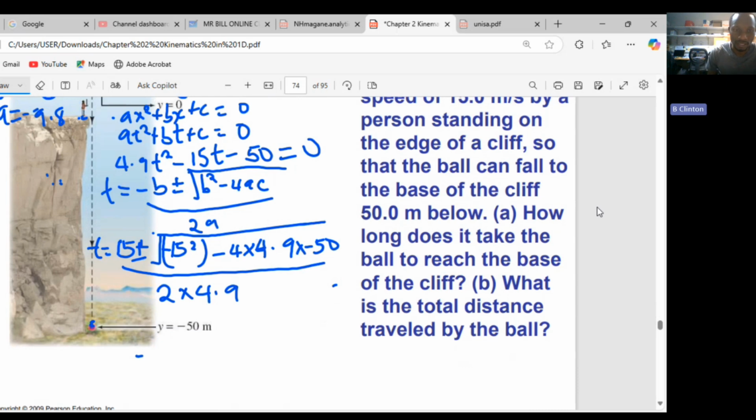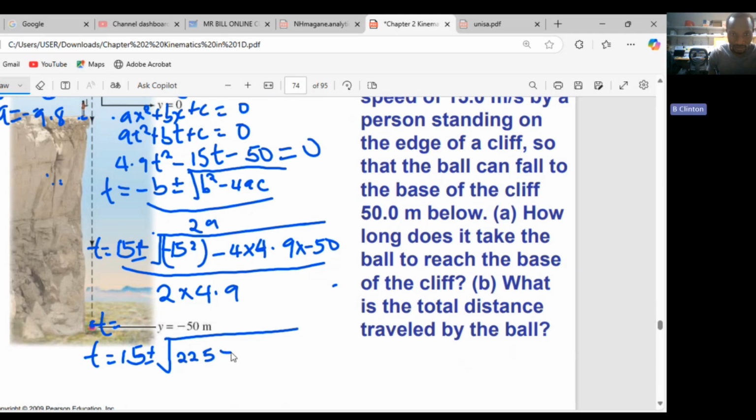So we can then say that our t, let me write here, t is equal to 15 plus or minus, so 15 squared will be 225. So we're going to put under the root 225. If you take 4 times 4.9 times 50, that is going to give us 980.